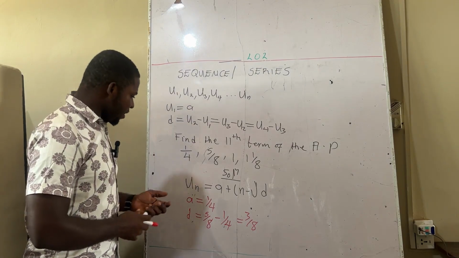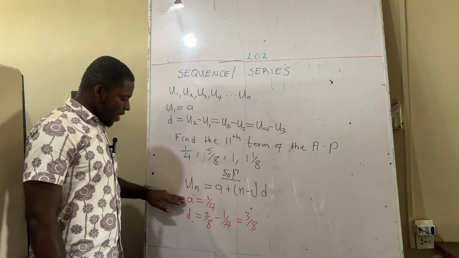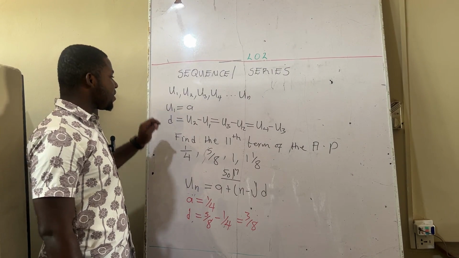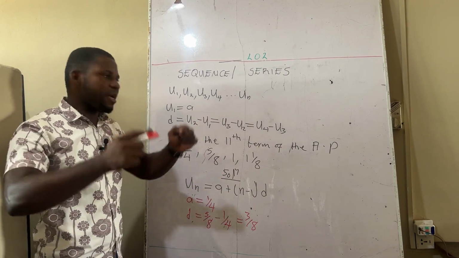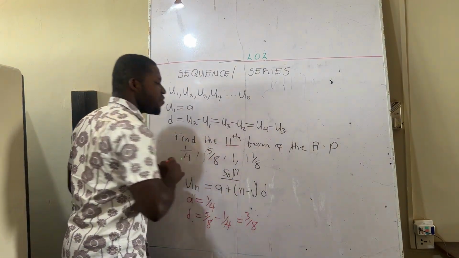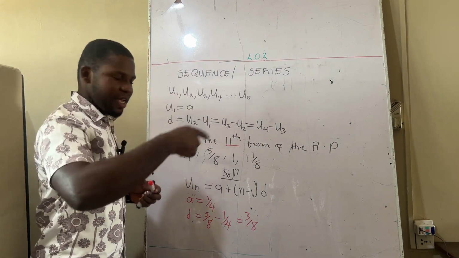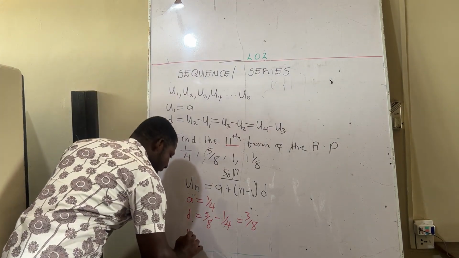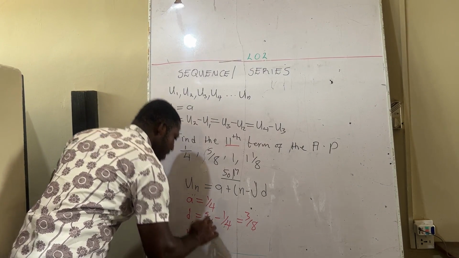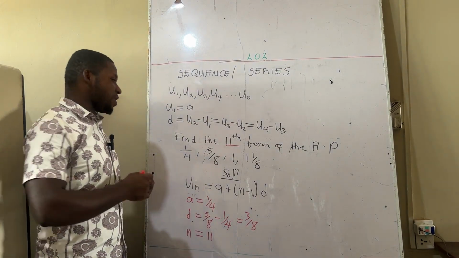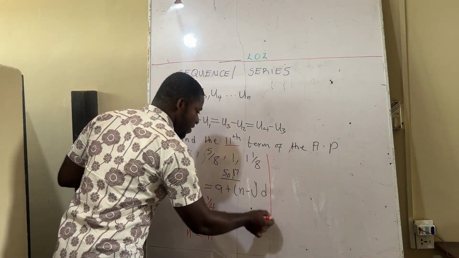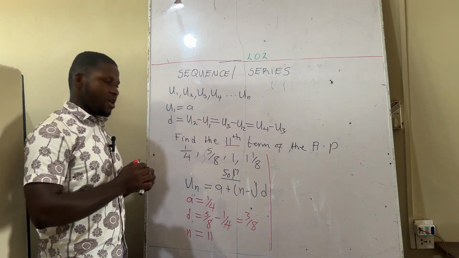Since we know our first term and common difference, the question asks for the 11th term. This 11th term represents the number of terms, so n is equal to 11. It's just a matter of substitution, so we substitute these values into the general formula.